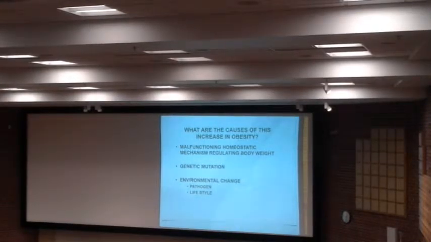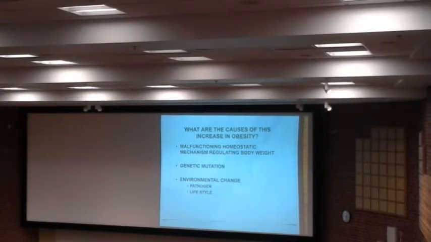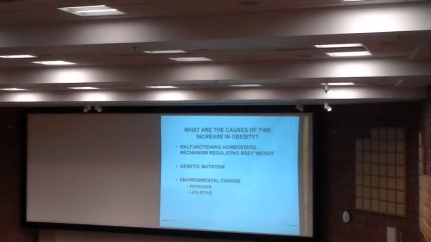In other words, there is a set point for each of us as individuals where our body weight is supposed to be maintained. And if it goes above it, there are changes. If it goes below it, there are changes. Are there such homeostatic mechanisms? And if there are, why are they not working?